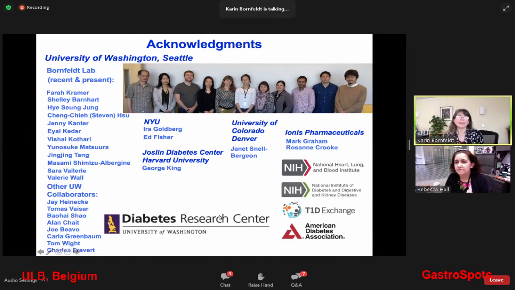Yeah, and in fact, we did look at that a little bit. So it's been described that FOXO1 regulates ApoC3 transcription in the liver. There are also studies showing that hyperglycemia can upregulate ApoC3 in the liver.